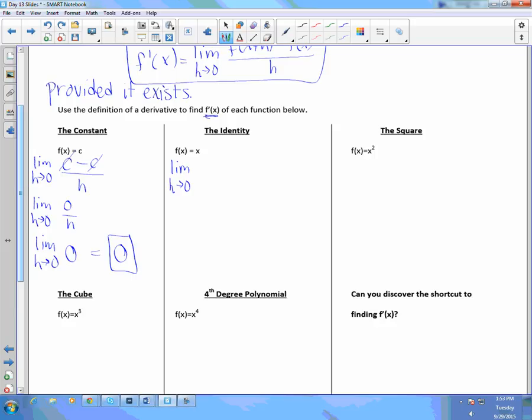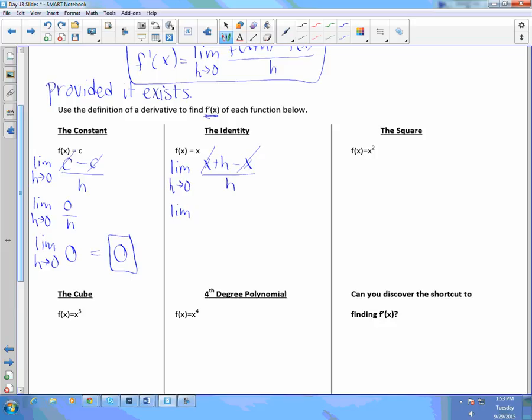Okay, that was x plus h. What do I write? Just x plus h, replacing the x with x plus h, minus the original function. What was the original? Just x, all over h. The x's cancel.